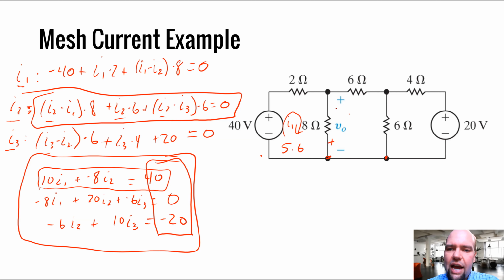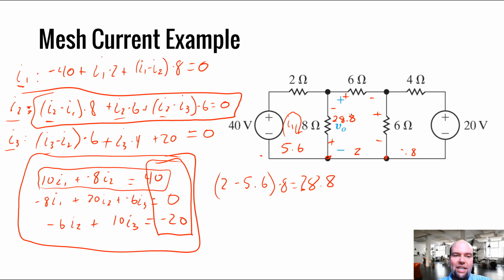So going around this, adding up these voltage drops. The voltage drop across that 8 ohm resistor is going to be I2 minus I1, so 2 minus 5.6, times 8. That's going to equal negative 28.8.